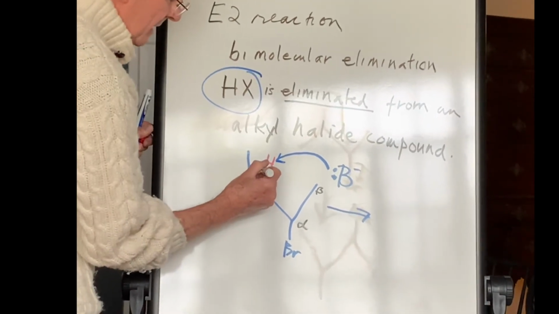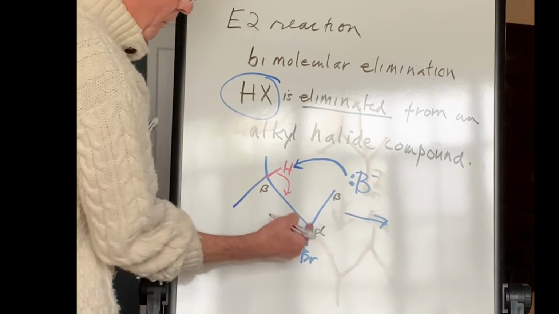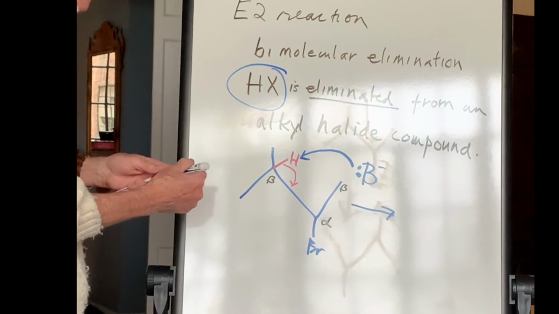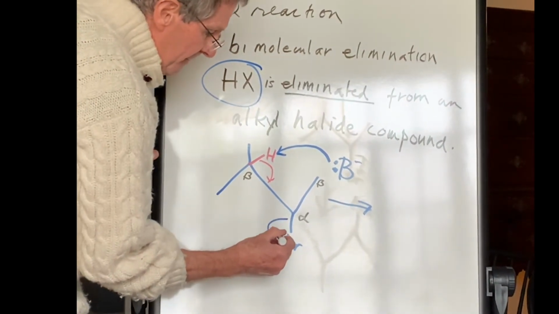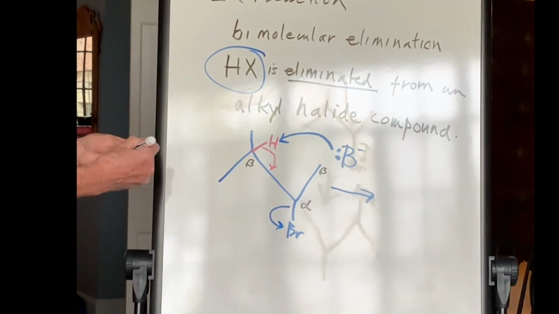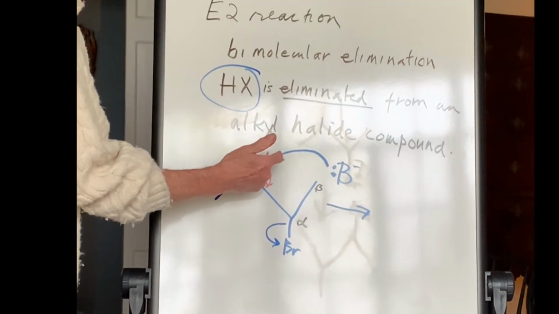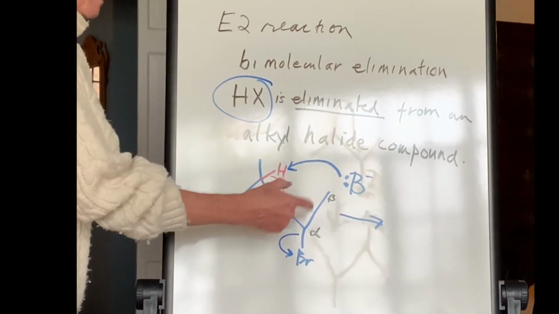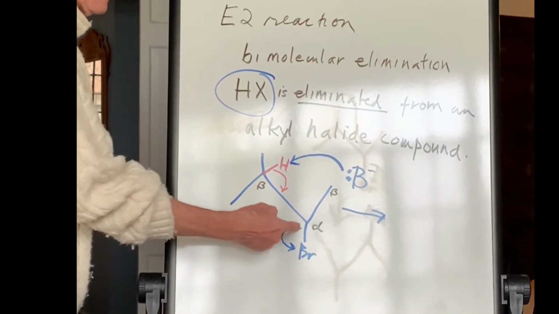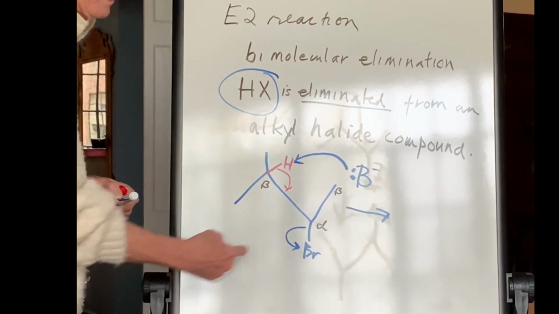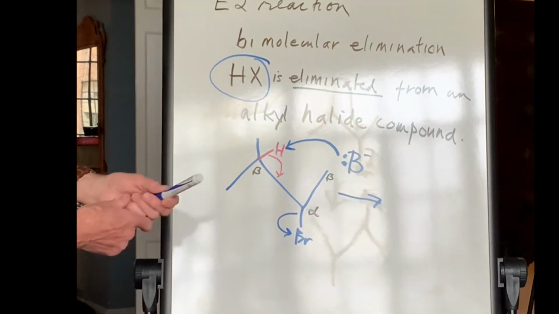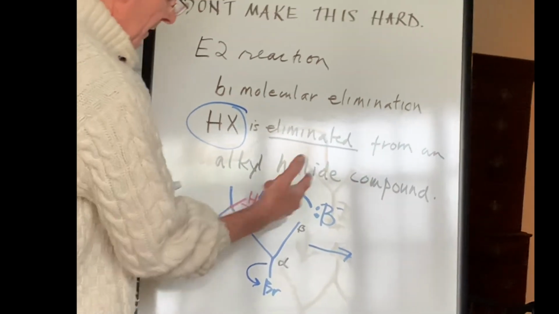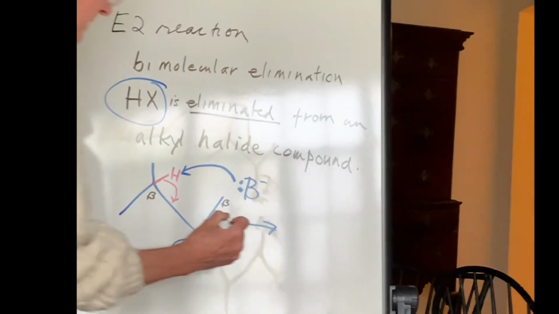If the pair of electrons moves down here to form a second bond, a pi bond between the alpha and beta carbons, and at the same time, the halogen leaves, if those three curved arrows, the attack of the base on the beta proton, the pair of electrons between beta carbon and proton form a new pi bond between alpha and beta carbons, and alpha carbon loses the bromide, the leaving group, we would represent the product of the reaction indicated by those three curved arrows as this.